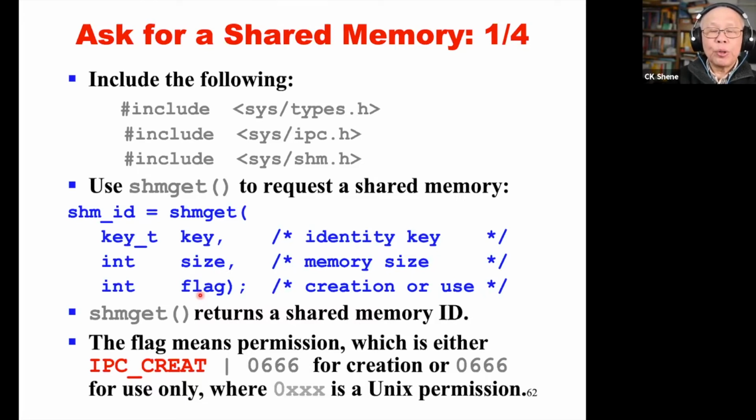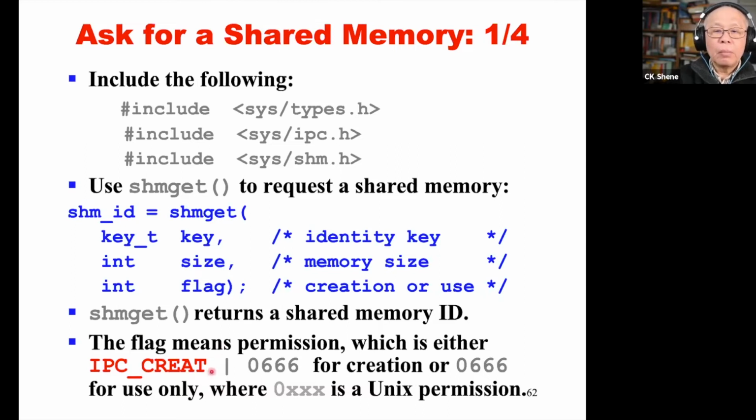I am sure everyone knows in Unix, a file will have some file permission: read, write, and execute, R, W, and X. If you don't remember this, we will talk about it a few slides later. So this flag, if you are going to create the shared memory, use IPC_CREAT, no E.